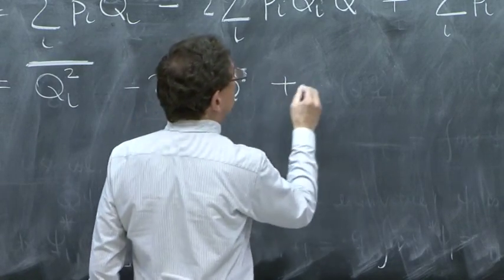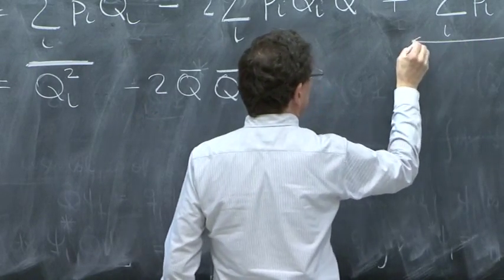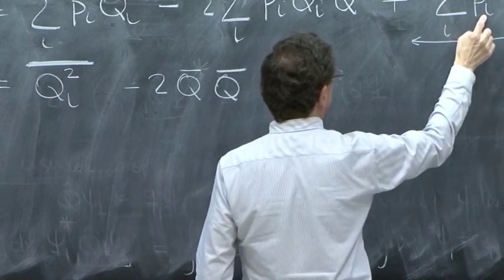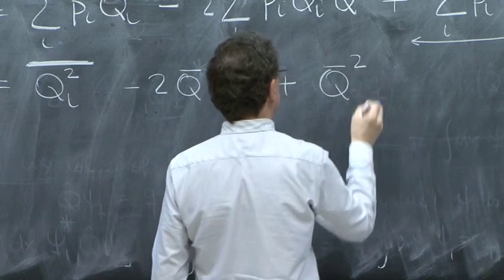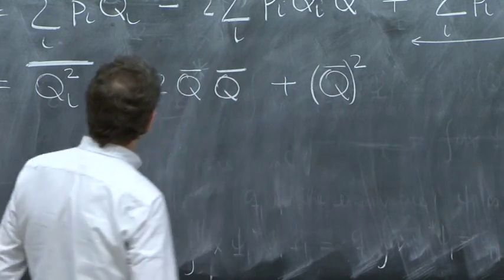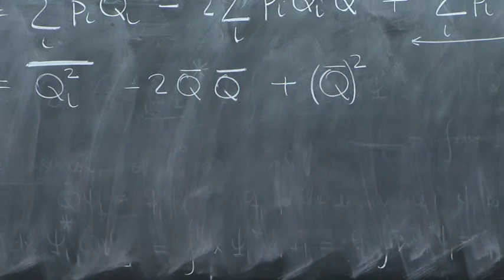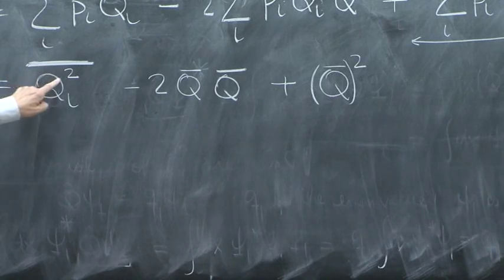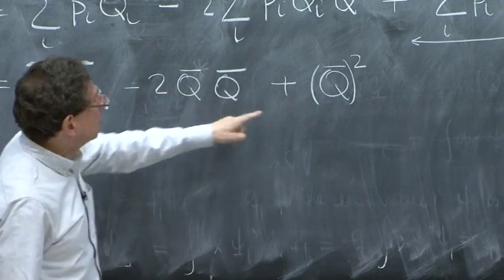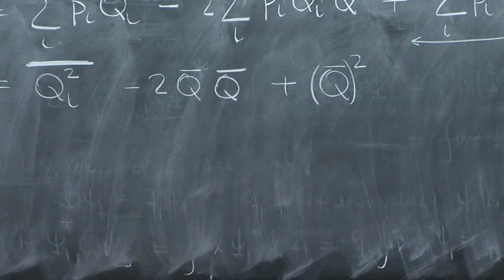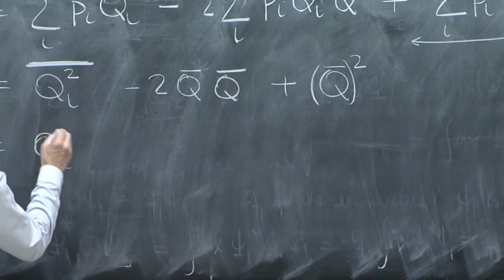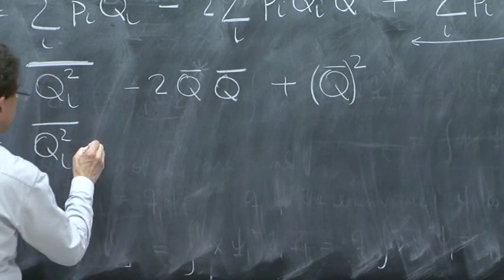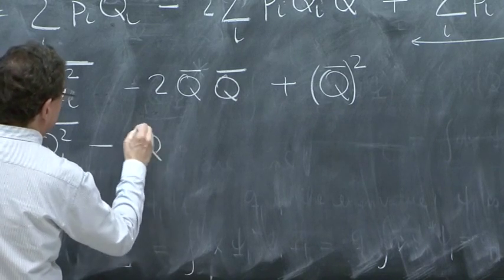And here, you take this one out because it's a number, and the sum of the probabilities is 1, so it's Q bar squared as well. And it always comes out that way. This minus 2 Q bar squared plus Q bar squared, so at the end, delta Q squared, it's another famous property, is the mean of the square minus the square of the mean.